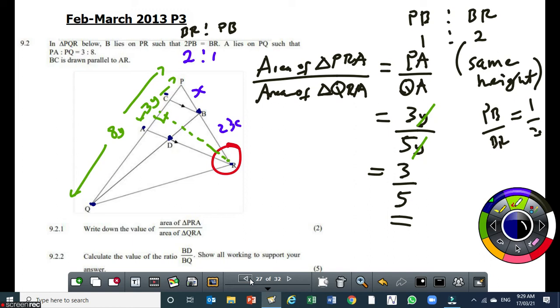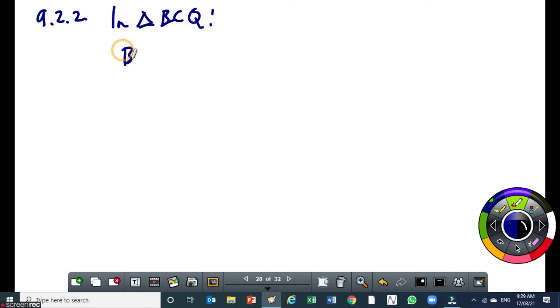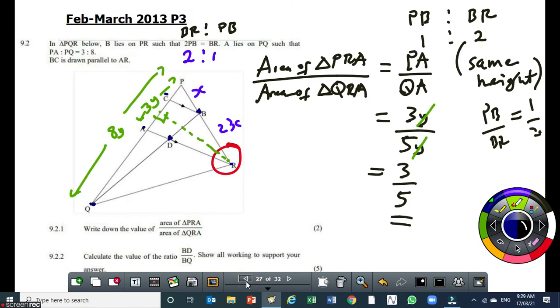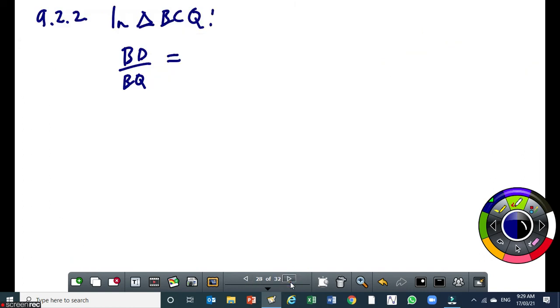Are you following that? Yeah, it's based on the corollaries. To go back to the corollaries. So I'm gonna write this. I'll say BD over BQ is going to be equal to CA over CQ.